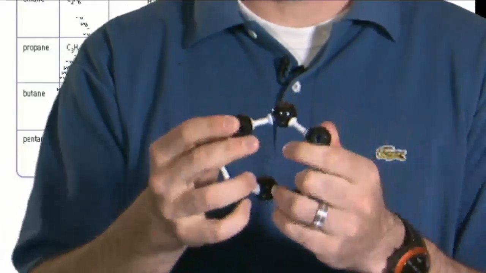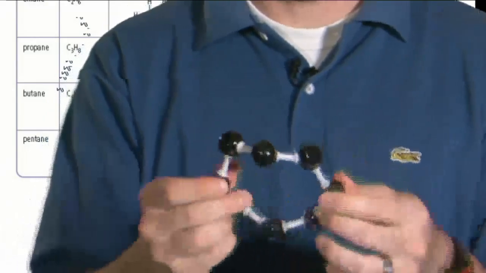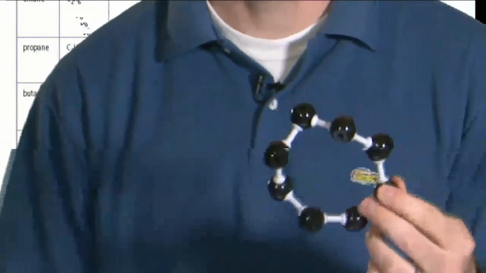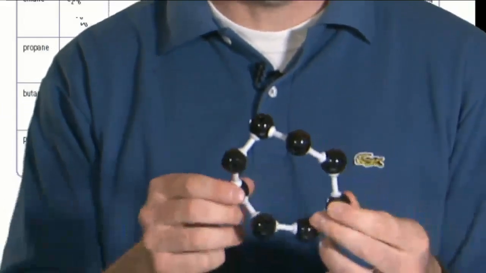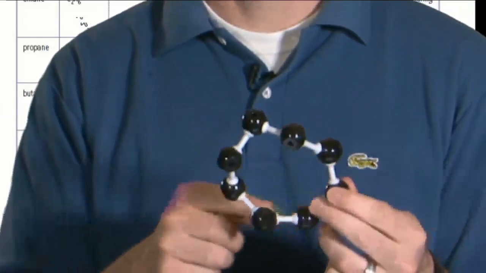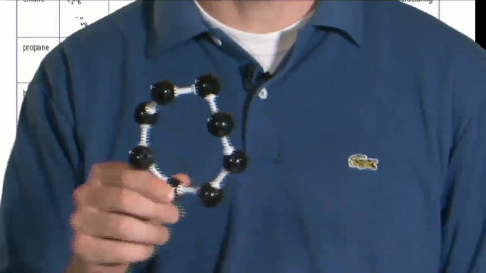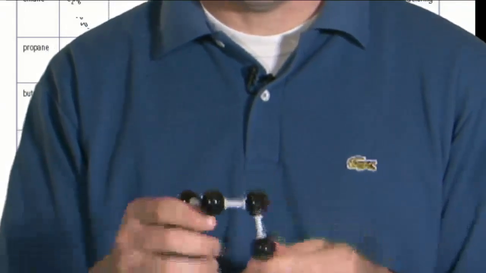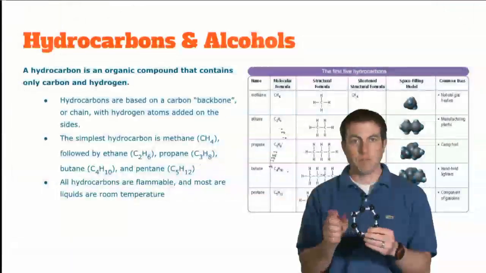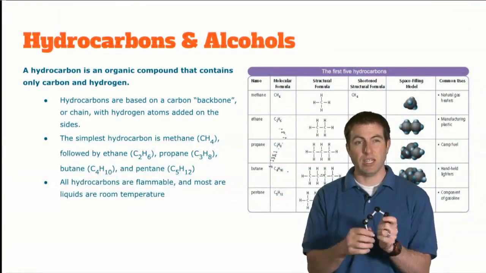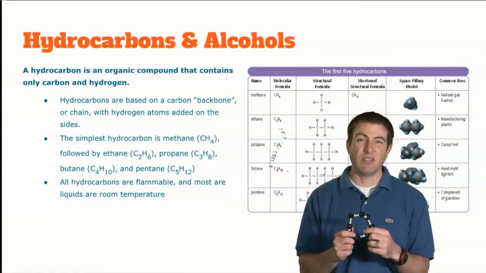And this is now called what? It has 8 carbons. So how do I differentiate this from regular octane? Well, because it forms a circle, I call this cyclooctane. So this is cyclooctane. I can have cyclohexane and cycloheptane. And if I form a ring, it's now cyclo. You don't need to know this for the provincial, but it gives you an idea of how complicated this stuff can get.